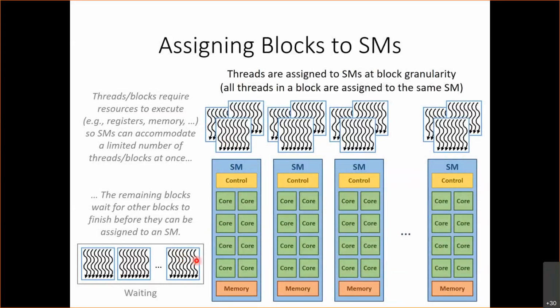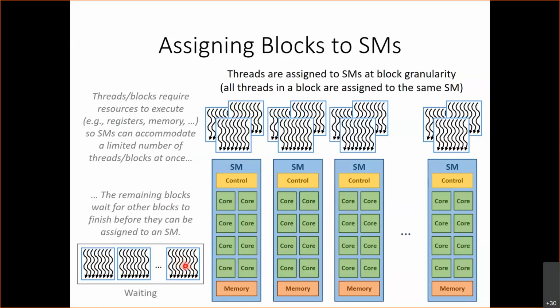So, if I have a block that has 1,024 threads, and then all of a sudden there's 512 thread slots that free up on this SM. If I take 512 threads and have them run on the SM, and the remaining 512 are sitting here waiting, what could happen is that if these threads try to synchronize, to wait for each other at a barrier, for example, the 512 threads that are executing here would be waiting for these 512 threads to reach the barrier.